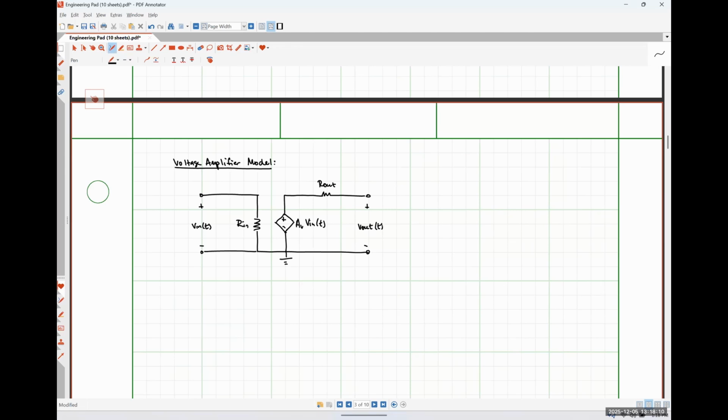I'm going to wind up erasing this in a moment, so you don't need to write this down. Just think about it for a moment, okay? So let's say that I have some practical voltage source over here connected on the source side of things, where this is V sig and this is R sig.